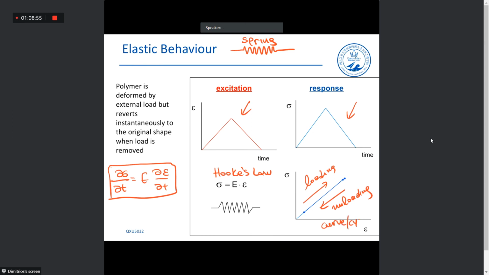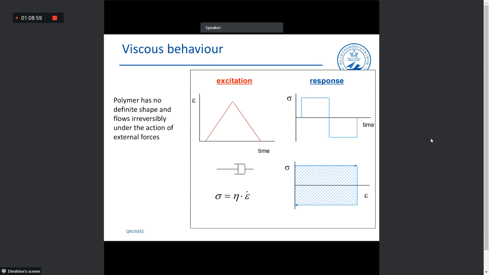The viscous behavior, as we said, is a bit more complex and is represented by a dashpot. This is a dashpot, and essentially this behavior is completely viscous behavior.